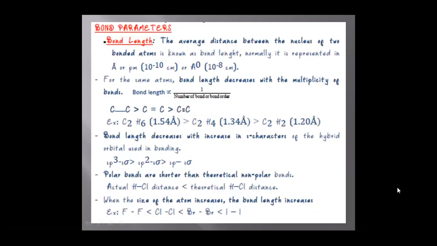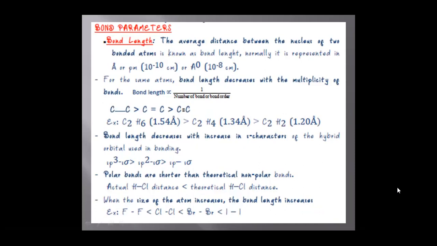Bond parameters. Bond length: the average distance between the nuclei of two bonded atoms is known as bond length. Normally it is represented in angstrom or picometer. For the same atoms, bond length decreases with multiplicity of bonds. As the number of bonds increases, bond length decreases.